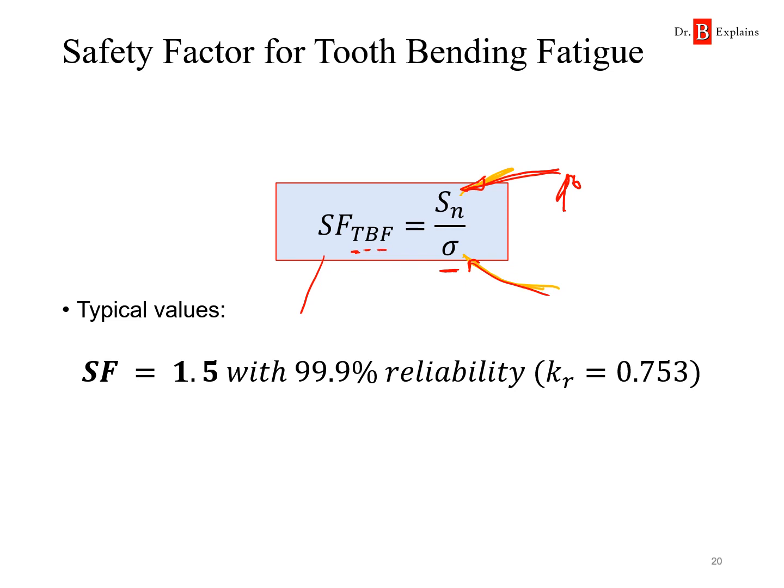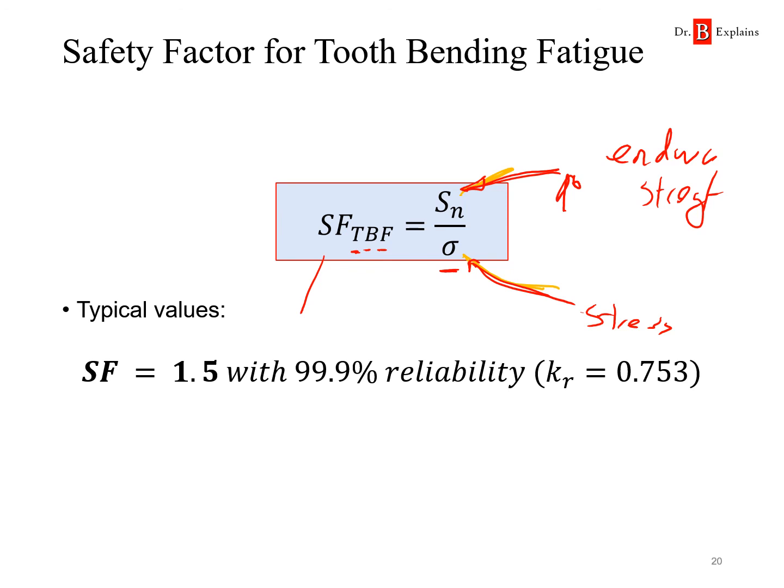I'll just say it one more time. We have the modified Lewis equation. We can figure out the stress acting on the tooth, and then we can use the modified fatigue equation to figure out the endurance limit or the endurance strength. So we divide the strength by the stress, and it's going to give us a safety factor.